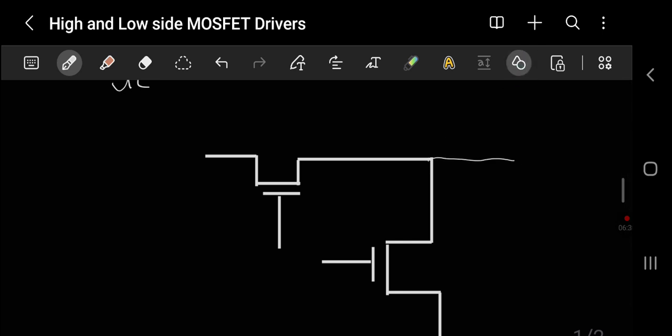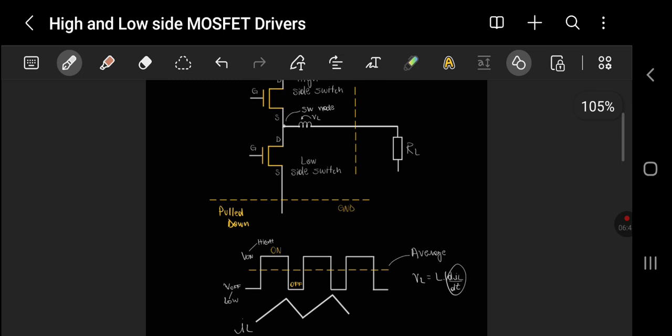So here we have the load, here we have the inductor, and this configuration is the same as this one.